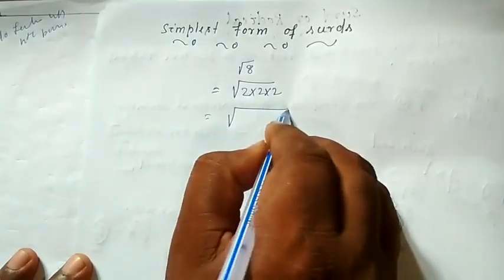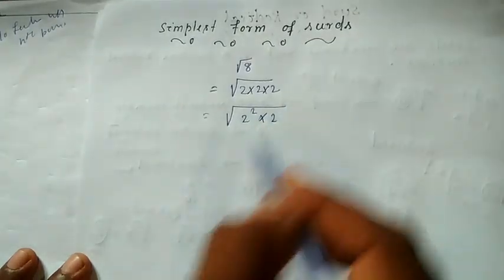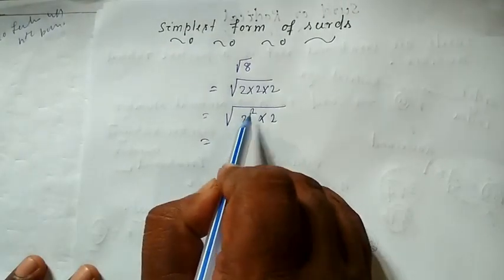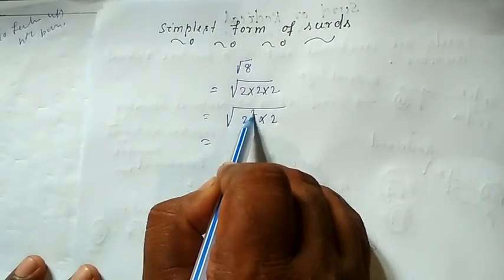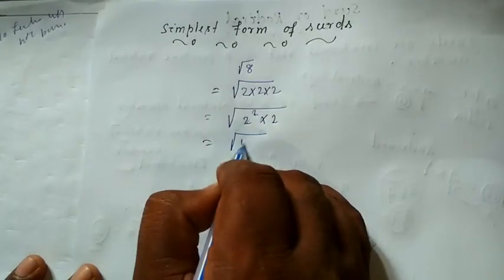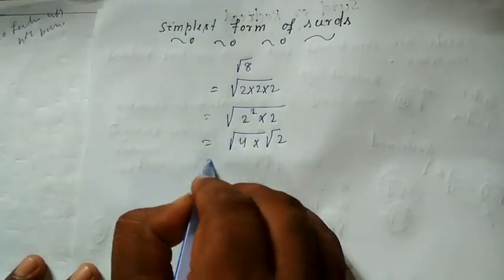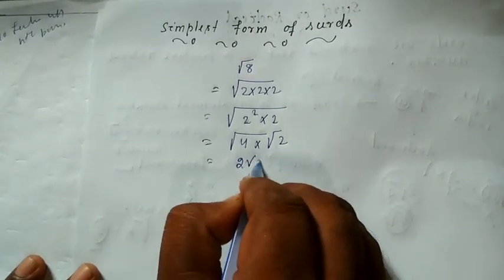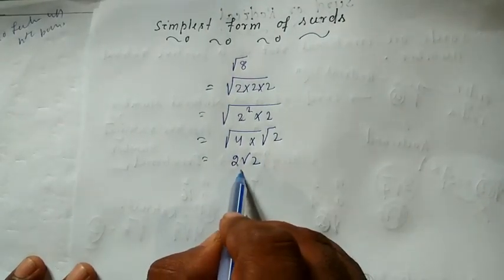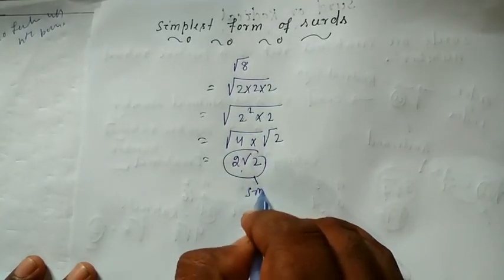This can be written as 2 square into 2. Again, this can be written as square root of 2 square, that is 4, so square root of 4 into square root of 2. Square root of 4 is 2. You can write 2 root 2. You cannot further reduce it. This is the simplest form.